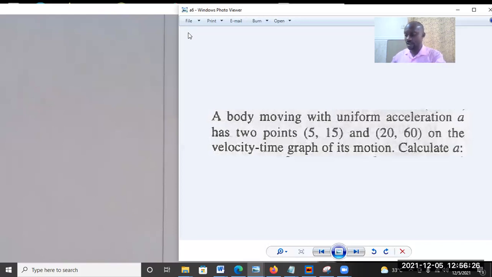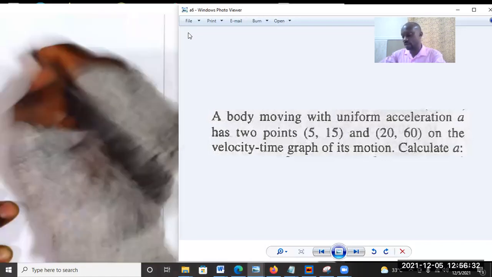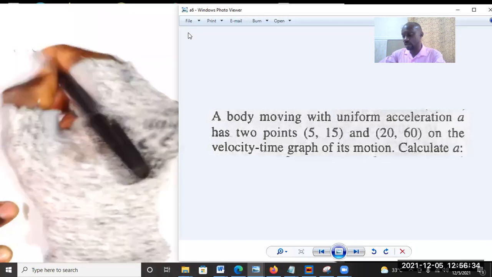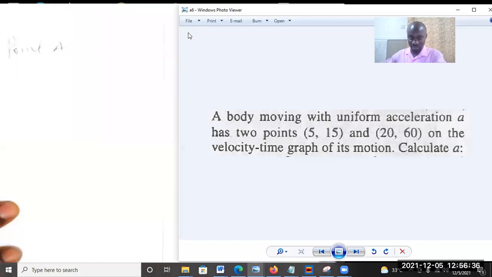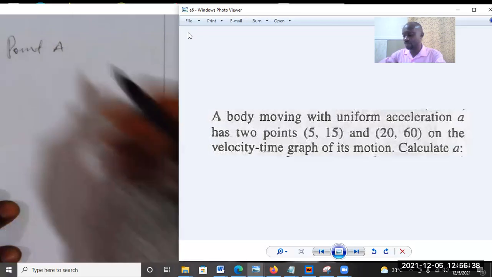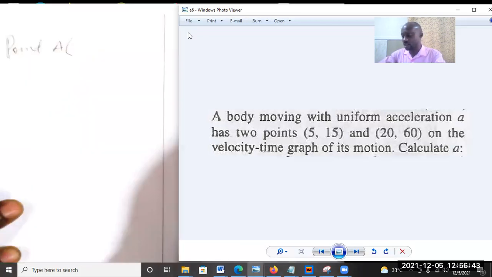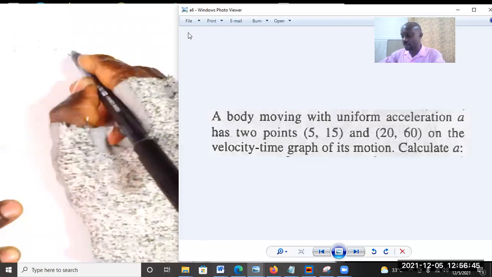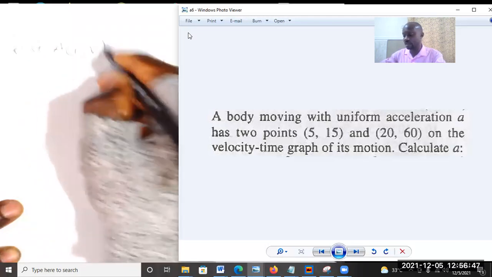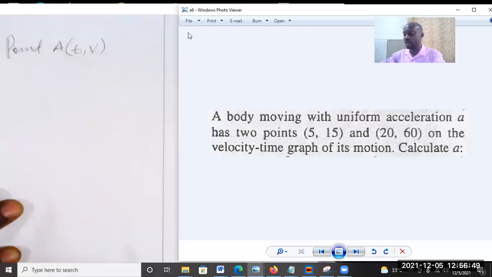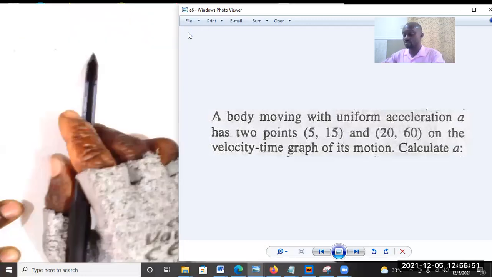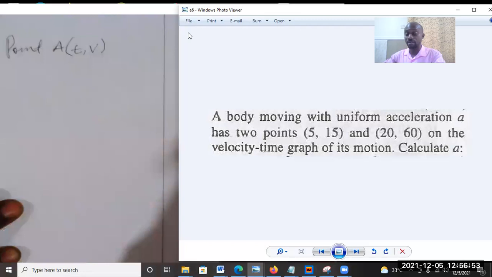In a velocity time graph, a point, maybe point A, is represented by a pair of coordinates, time and speed. That is T for time, V for speed. I represent the points in the velocity time graph.